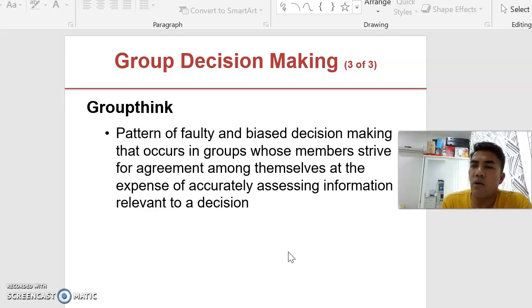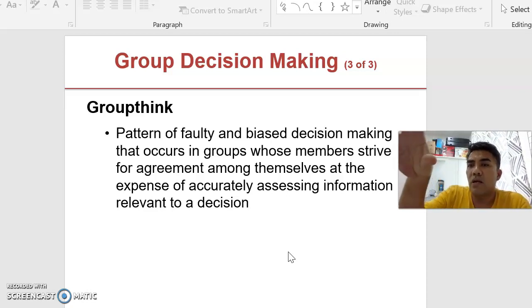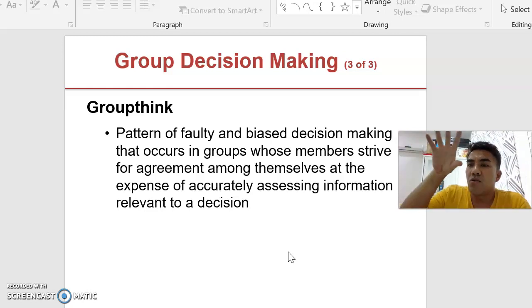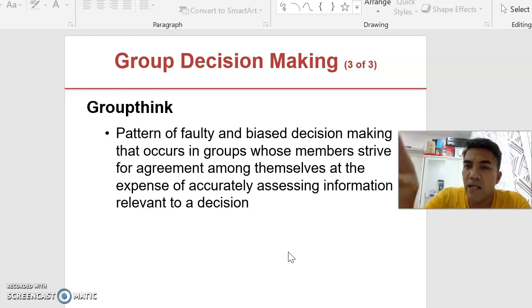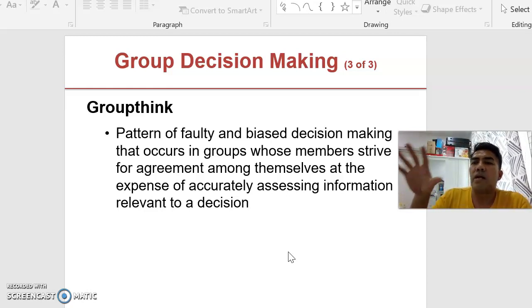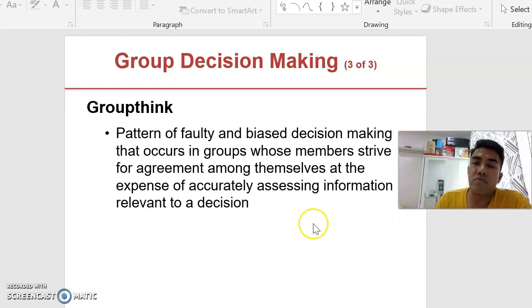Sometimes we might put aside our strong opinion or belief about a particular issue, even though we know we are on the right track, because we want to conform to the group, to what the majority is deciding, so we might as well agree with that decision. That is groupthink.